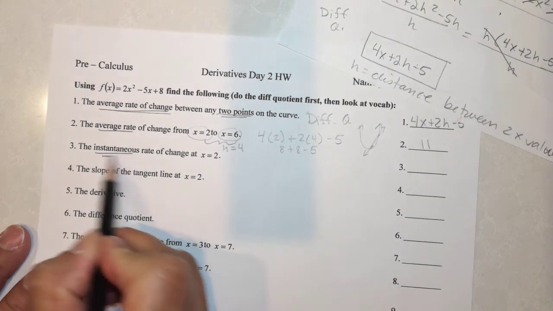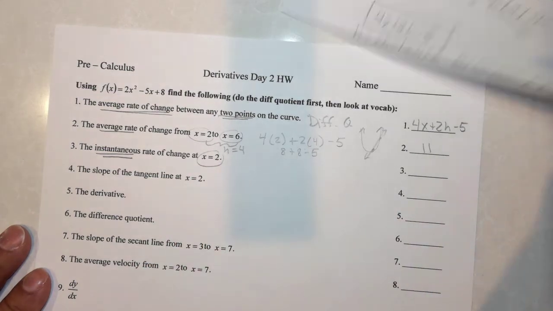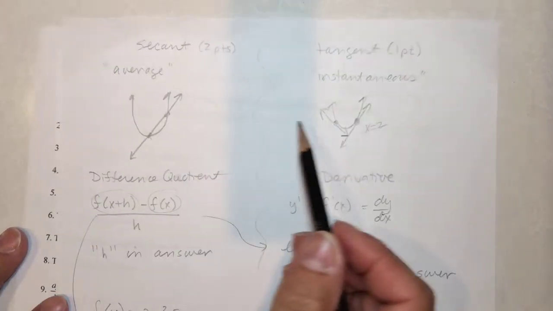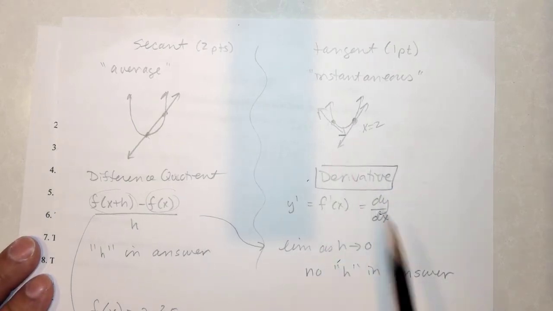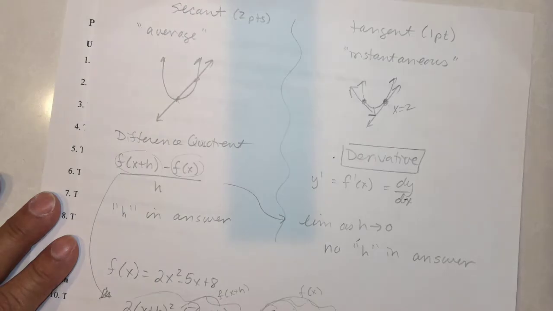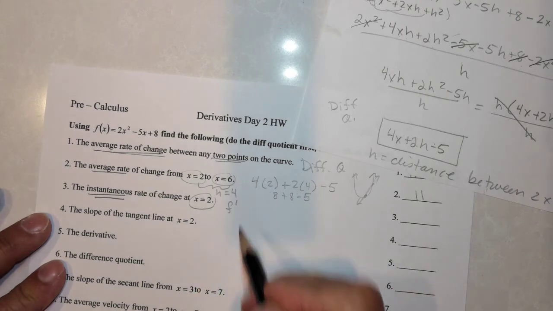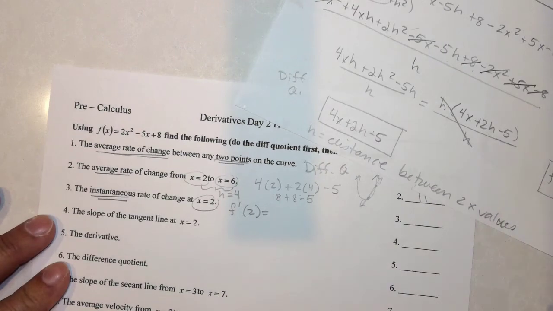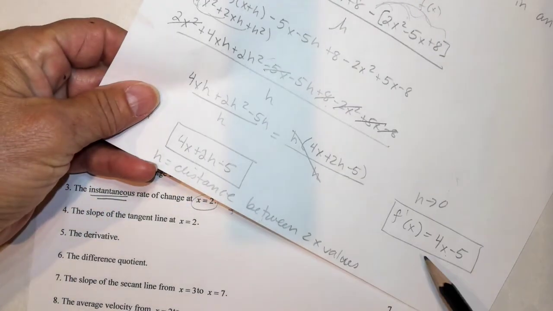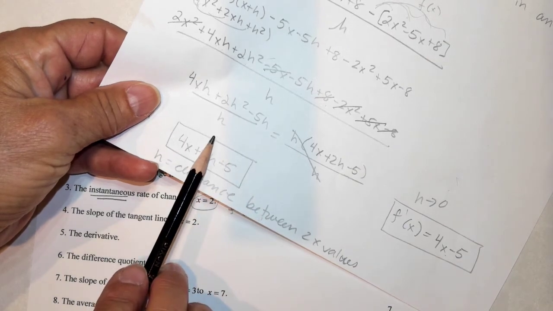All right, keyword here, instantaneous rate of change at x equals 2. Well, instantaneous indicates that you're talking about one moment or 1 point, so I need to use my derivative formula, and so this one's going to be the one without the h. So what this is asking is, what's the derivative value when x is 2? So I go back to my derivative formula that I had worked out here, which is just this one, except without the h part.